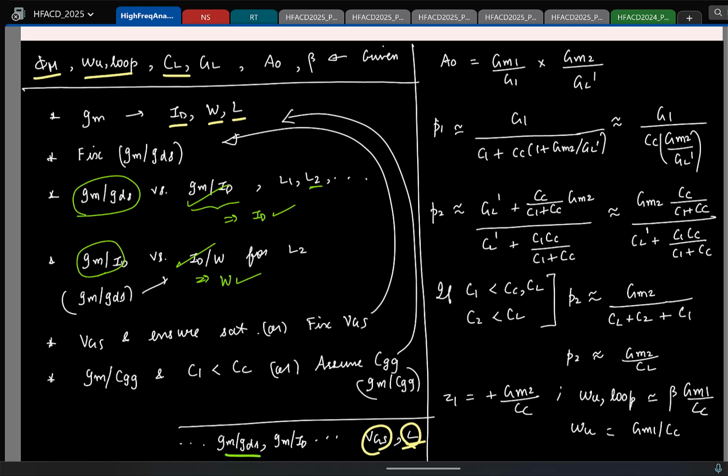This might be required because sometimes the compensation capacitance might not be really large. If you want very high bandwidth, you want smaller capacitances, which means you will not be able to put a larger CC. So C1 might be comparable. In that case, you have to start by assuming some CGG, so GM by CGG is known. The moment you fix a particular length and GM by CGG, everything else in the lookup table is frozen, and you can look at those parameters and decide.